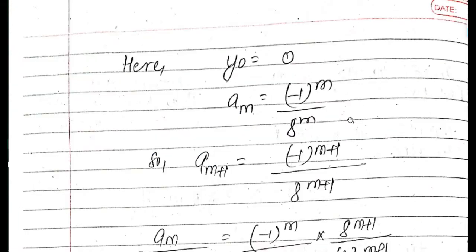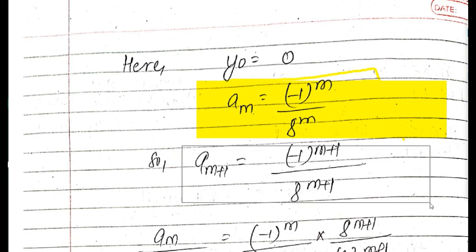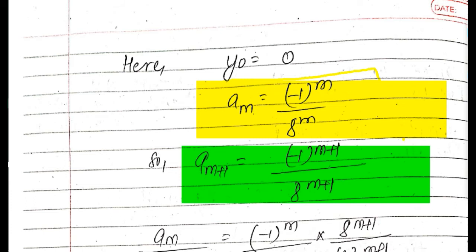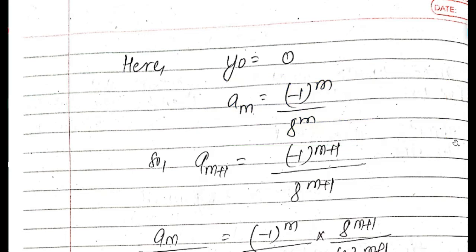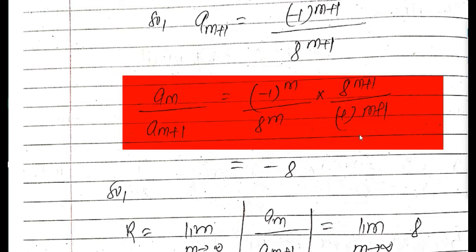Here y equals 0, and a_m equals this. a_(m+1) equals this. Replacing m with m plus 1, we need to find a_m divided by a_(m+1), and a_m by a_(m+1) equals 8.